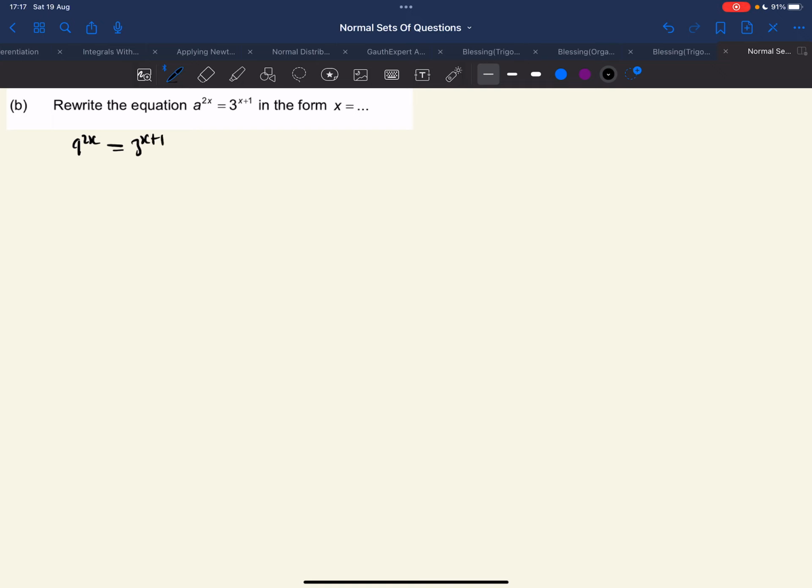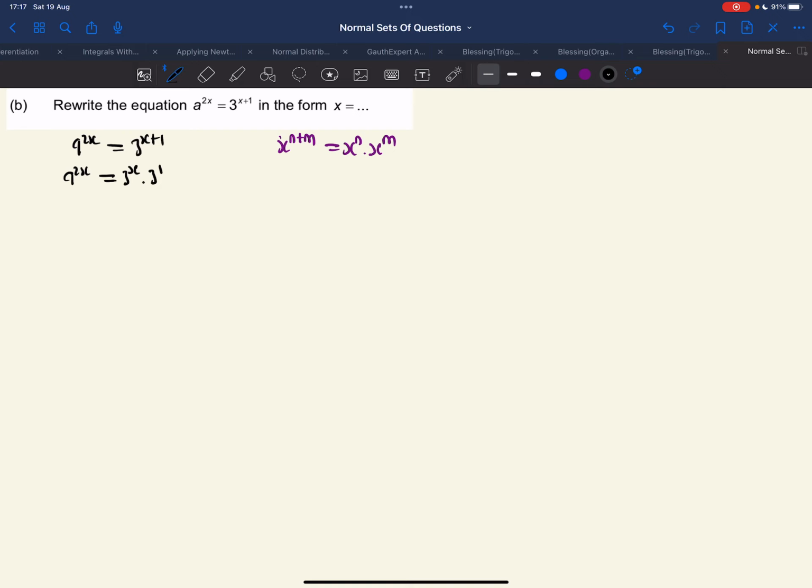Now remember, in exponential laws, if you are given something like a to the power of n plus m, it is the same as saying a to the power of n times a to the power of m. So we can say a to the power of 2x equals 3 to the power of x times 3 to the power of 1.